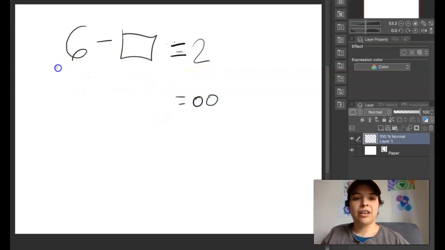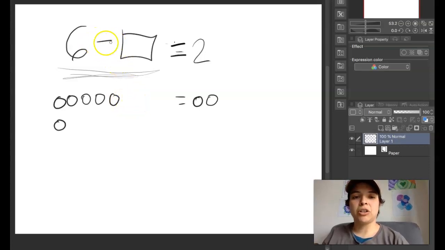Okay, and then if we look at this side of the equal sign, well, we know for sure a 6. Now I'm going to make that a 5 group, and one more, 5, 6. But then we know that we're going to be having to take something away, we just don't know how much. But we know eventually we want to end up with 2. Right now we have more than that. We have more than 2. So 6 is not the same as 2.